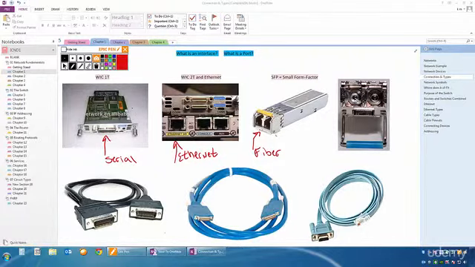What you'll have is you'll have one of these that are actually glowing red. This means that this particular side is sending data out this port.